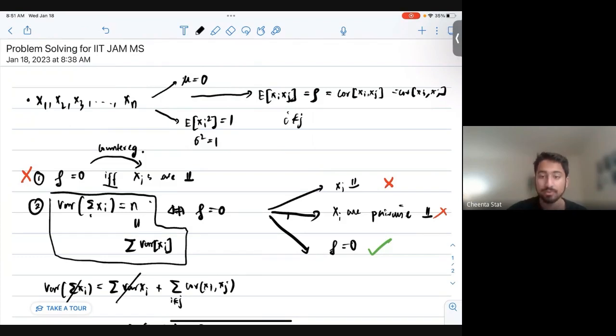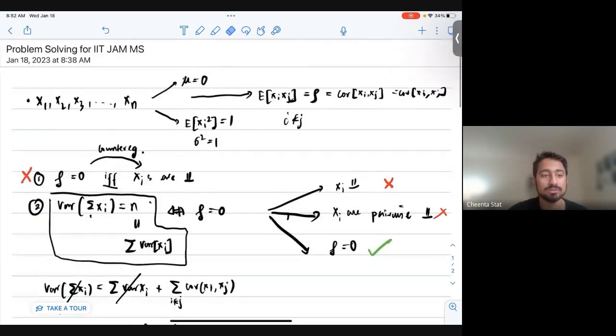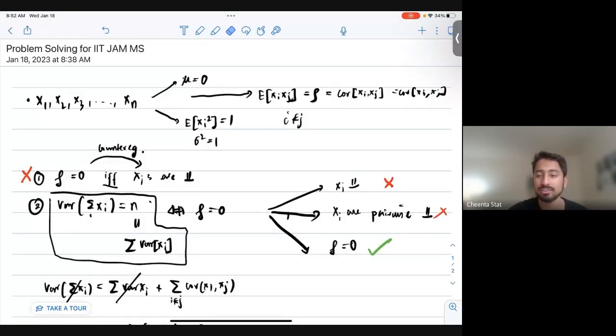All of the options are if and only if. If you understood it, it's easy. It was an easy problem. Do you want me to give a counter example to this part, that correlation is equal to 0 if and only if xi are independent? It does not imply xi are independent.